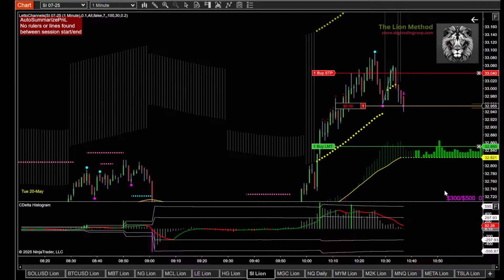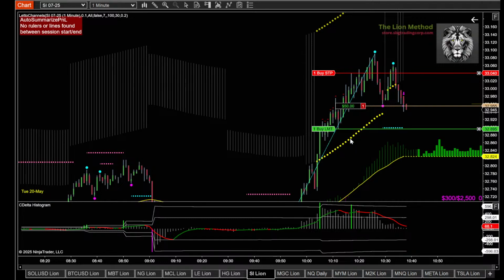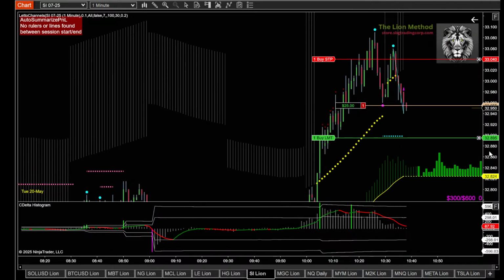Silver, let's make some money today. All right, so there is our target. Let's be conservative and let's shoot for that. Silver, the heavyweight.